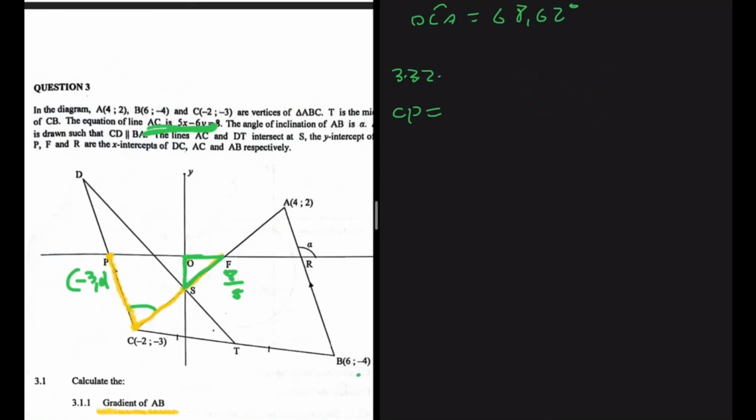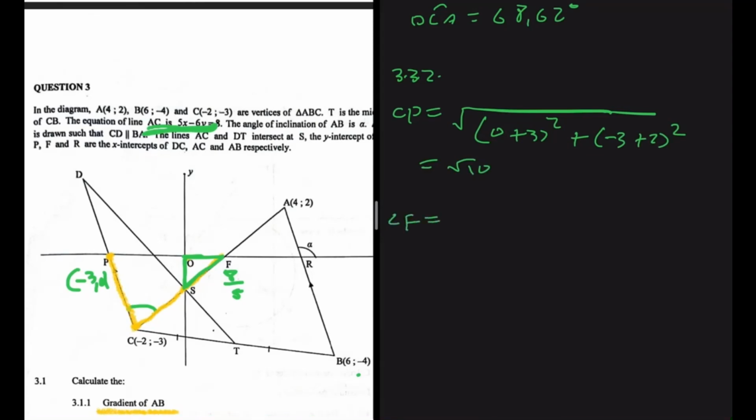Yeah, so let's go ahead and calculate CP. So CP is going to be equal to, so distance formula, we say y2 minus y1 squared plus x2 minus x1 squared, right? So CP, let's let P be the second point. So if we say y2 minus y1, we're going to get 0 plus 3 squared plus x2 and then plus 2 squared, right? So let me just compute that real quick. Square root of 10, right? So now let me do CF.